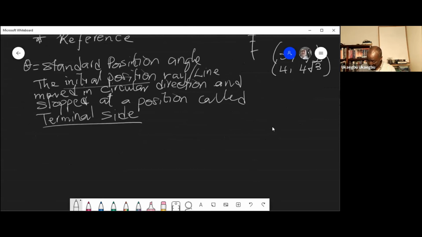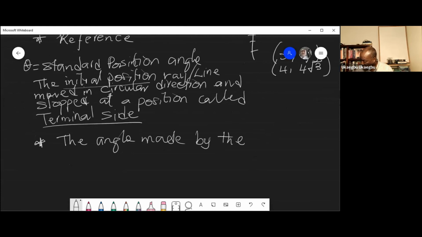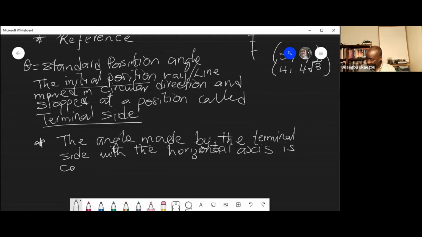So another definition: the angle made by the terminal side with the horizontal axis is called the reference angle.